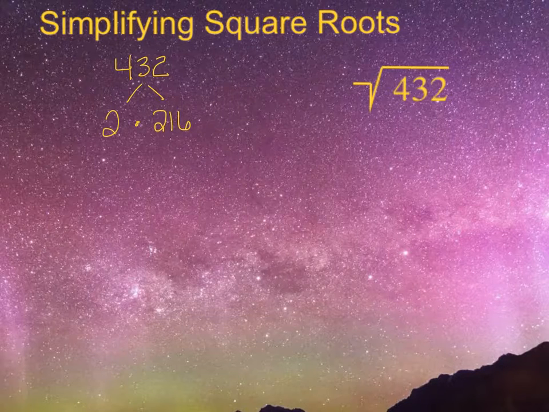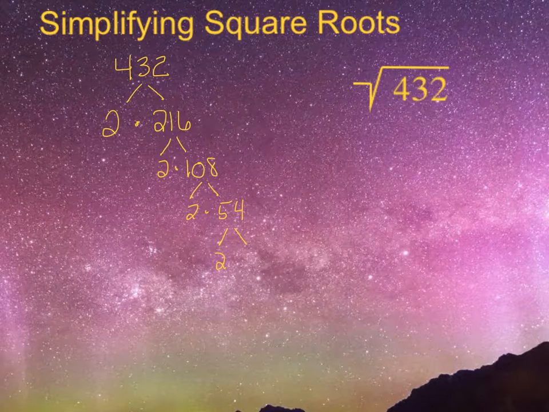And 216 is also an even number, so I could break that down. 2 times 108, which is also an even number. 2 times 54. And I'm just going to keep going. 2 times 27. And 27, as we just did on the previous page, is 9 times 3.